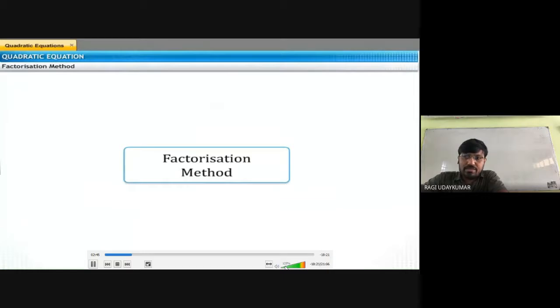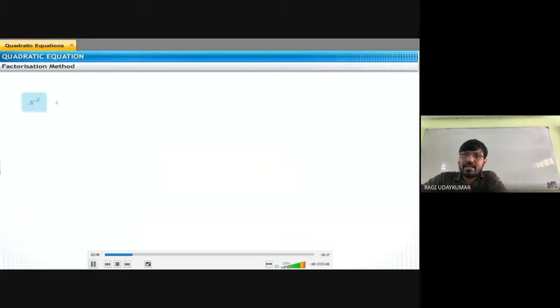Now let us see the factorization method, and how we solve by factorization. x square plus 26x minus 120 equals 0 is the quadratic equation. Everyone has to learn this method very clearly.